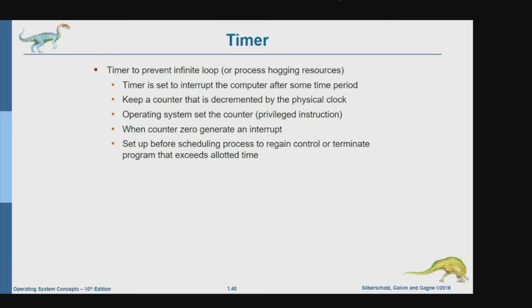If in the certain period that we already set it does not return to the operating system, we can interrupt the process and close it. In simple words, you run the program and it is still executing in user mode, but in a certain period it doesn't go back to the operating system mode.